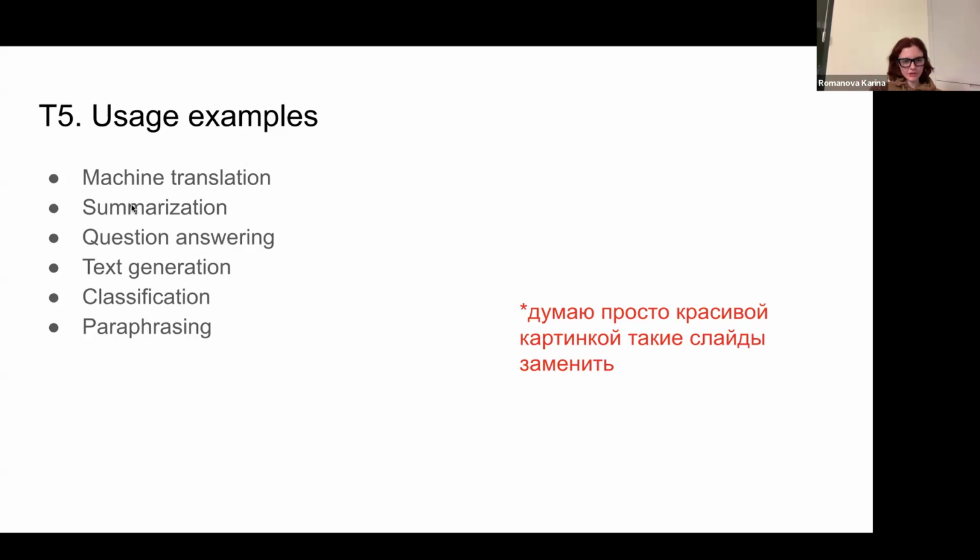The first ones are machine translation, summarization, and question answering. We can see that all of these tasks are the same as GPT-1, 2, and others could do.